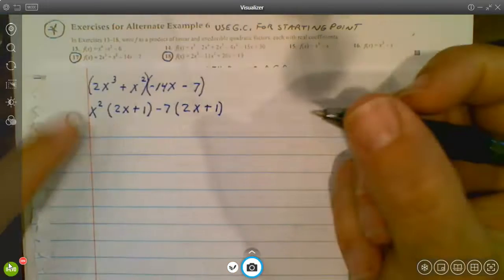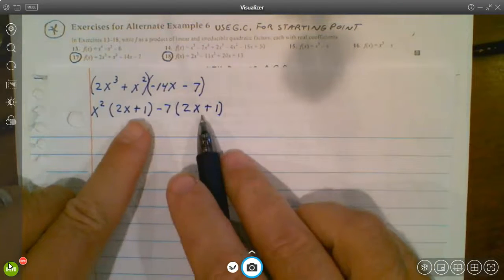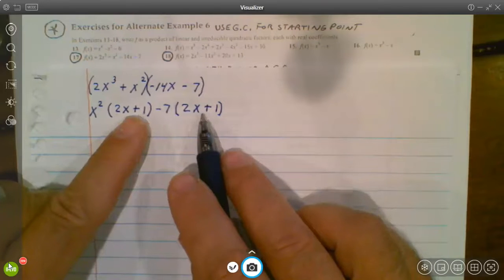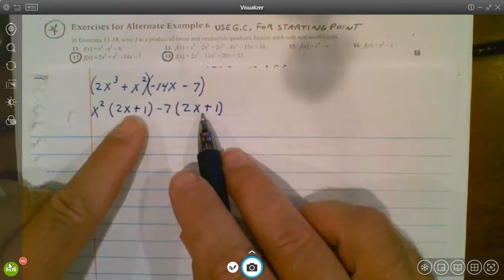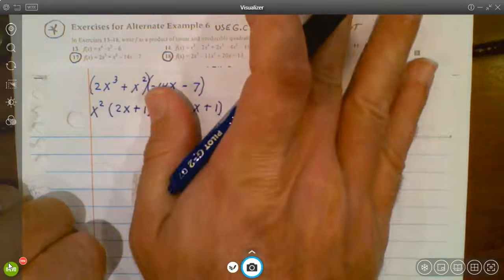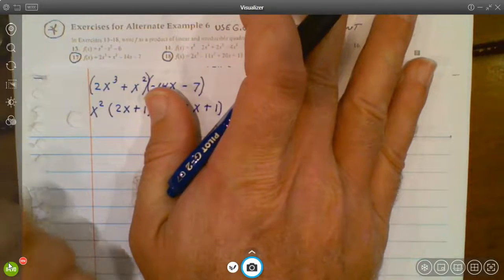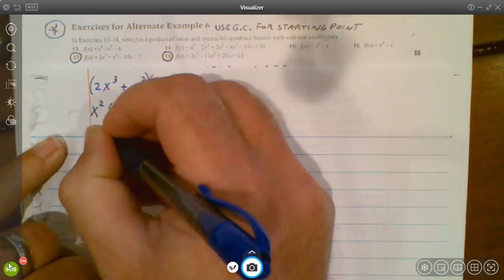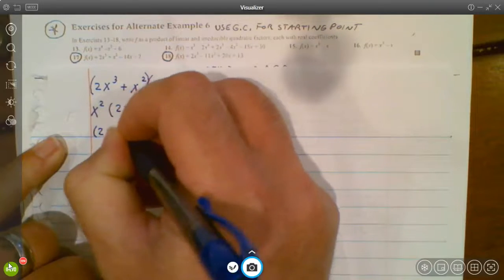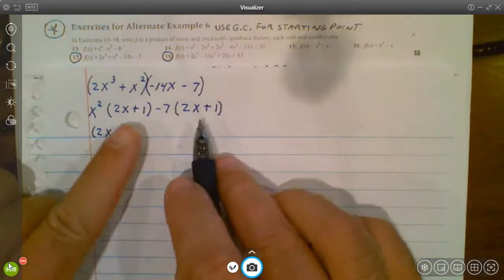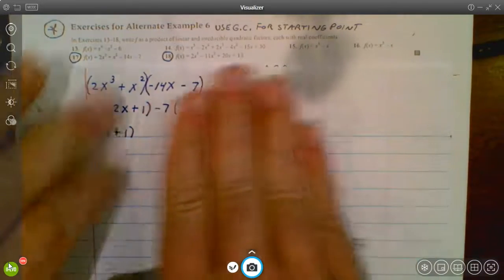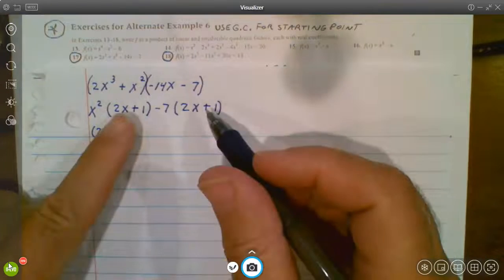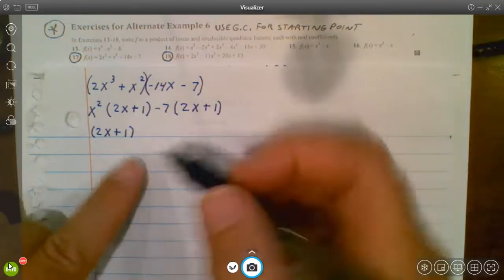So here's how I know grouping worked: when they're left with a common factor, like these are. So I'm going to factor out 2x plus 1 as a common factor.